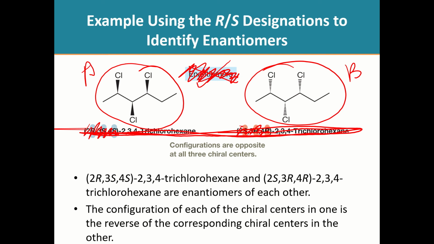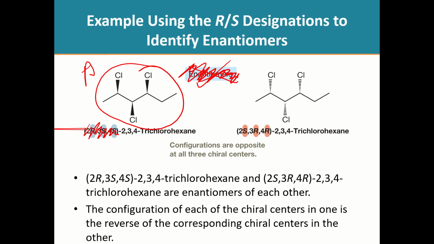If B is not a mirror image and not superimposable, then they're diastereomers. Okay? That requires a lot of mental manipulation of these molecules. Okay? And for some people, that is rather difficult.